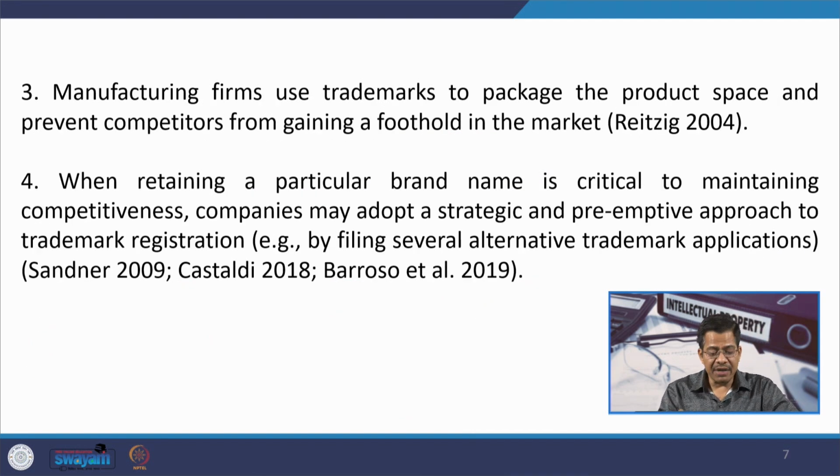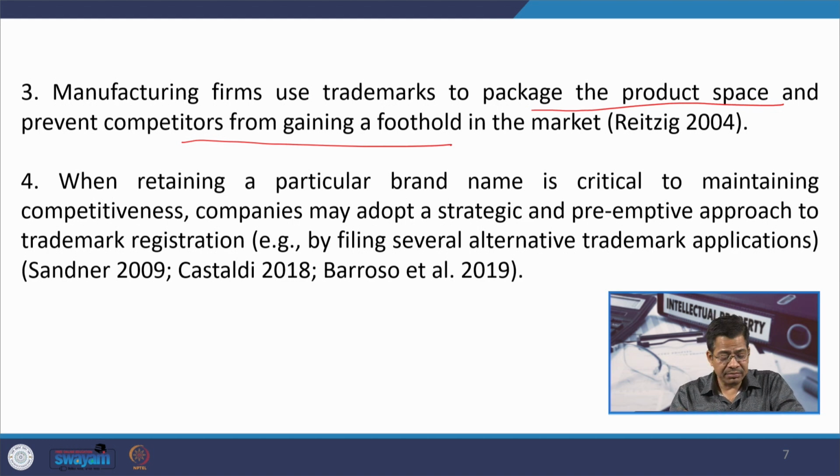Manufacturing firms can use this strategy to package the products and prevent competitors from gaining entry into this particular market. When you have a particular brand name, it is very critical to maintain competitiveness. Companies may adopt a strategic and preemptive approach to trademark registration.